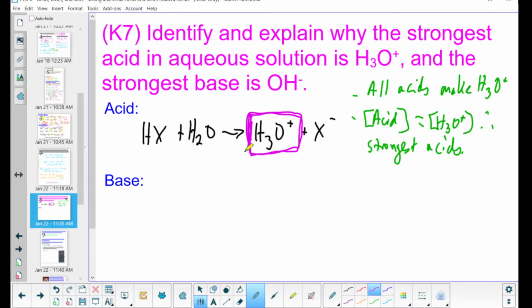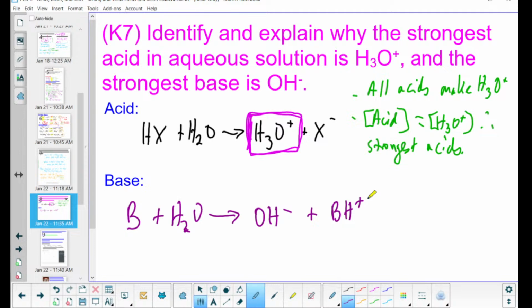Similarly for bases, if we have a base, B plus H2O, what products do I get from that? OH- plus BH+.